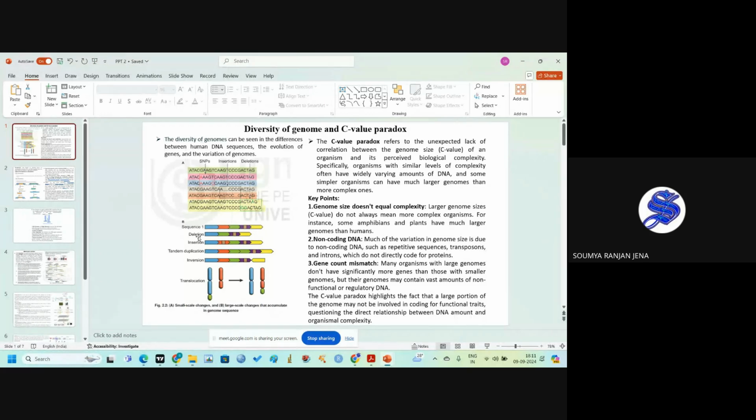This is called small scale because of the mutation in a single nucleotide: either insertion of one nucleotide, deletion of one nucleotide, or polymorphism of one nucleotide. If you go to the large scale changes during the evolution process, we know different types of recombination occur in our genes during meiosis.